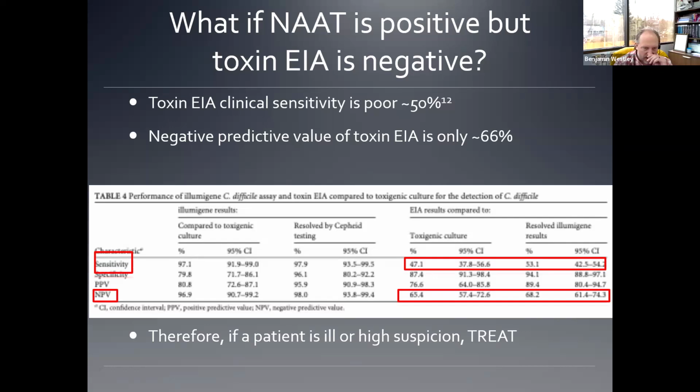So what we typically say is if a patient is ill or has high suspicion for disease, even if the PCR is positive, but they're ill and or you have a high suspicion for disease, the patient should be treated, because 1 out of 3 times they will have C. diff and you're not treating them. Now, if they have very mild diarrhea, they're getting better on their own, you have low suspicion, it's probably okay to not treat them. And in fact, most of the time, we hope people won't be treated. But if they meet those typical criteria, we do treat them.